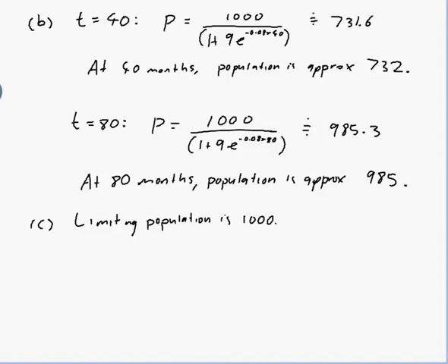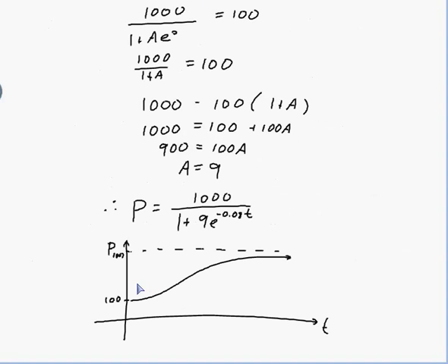Okay. When is the population growing most rapidly? Alright, well, let me just look up my notes. Look, there's a theorem for this. It says that the population grows most rapidly when P is equal to L/2. Let me just have a look at the graph there. So when you get to 500, that's when the most rapid growth happens.